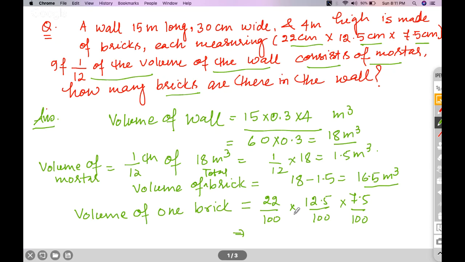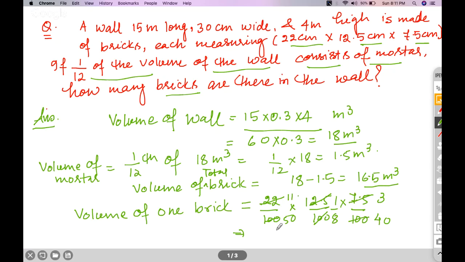How much is it? This 12.5 divided by 100 is 1 by 8. There is no doubt about it. This is 2.5, so this is 3 by 40. And this is 11 by 50.